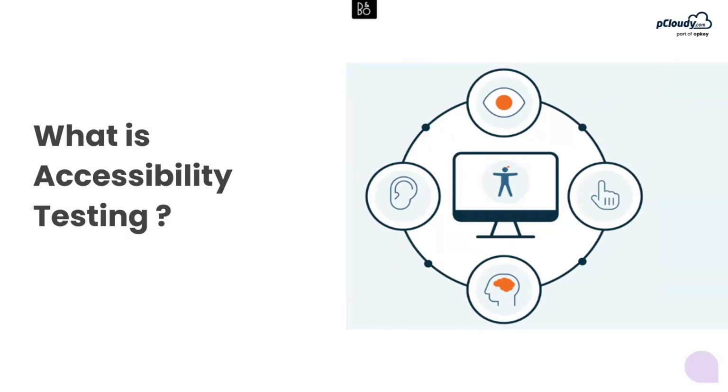Then physically: users may have difficulty using the keyboard or the mouse, or any other physical tools commonly used with a computer or a mobile phone. The next impairment is on the intellectual side, such as learning difficulties or sometimes poor memory.